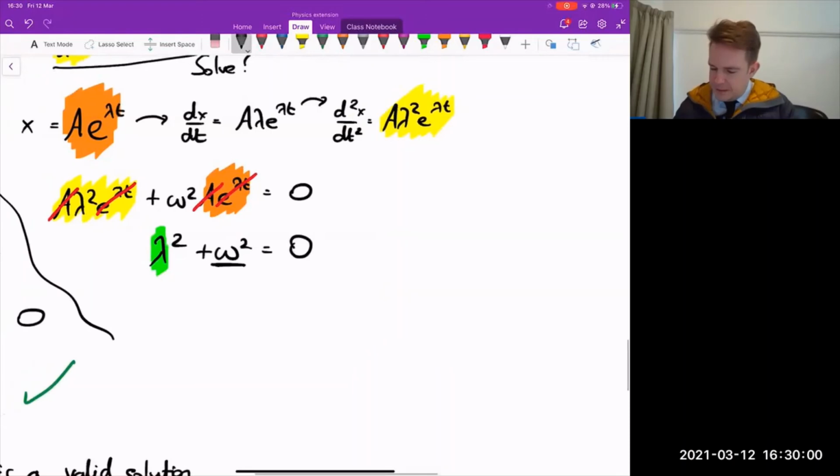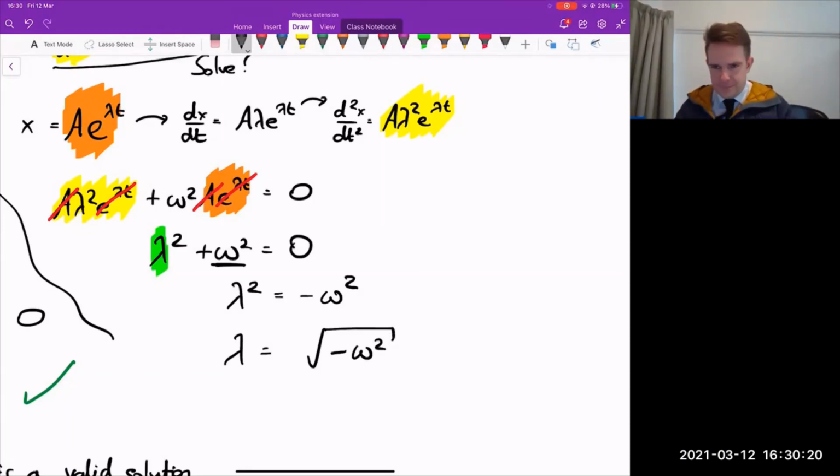So if you solve this, look at what you get. Lambda squared equals minus omega squared. So the solutions to this are the square root of minus omega squared.